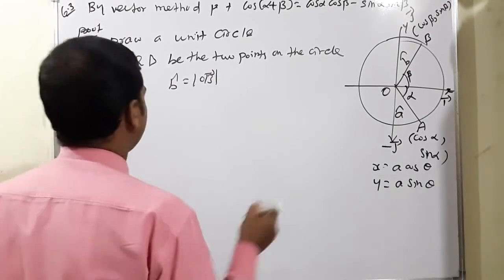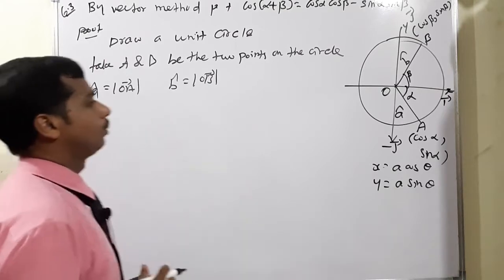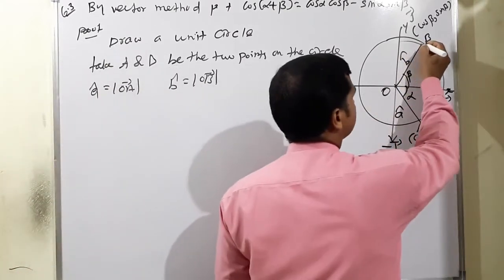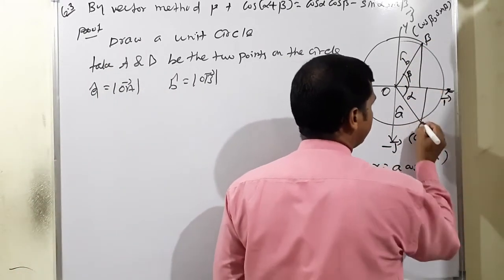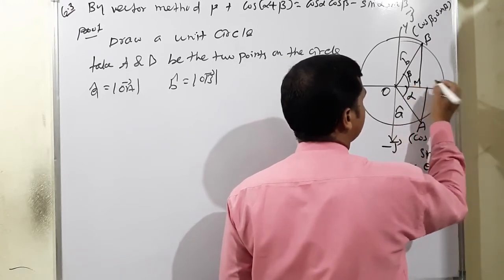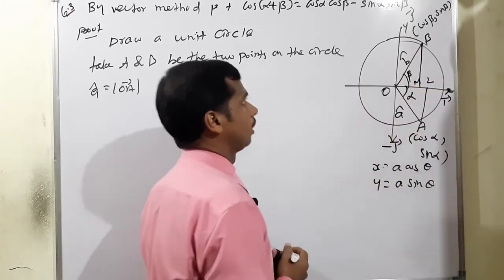So now, after getting A cap and B cap, what do we have to do? Just join this line. The meeting points are considered M and L. Okay.